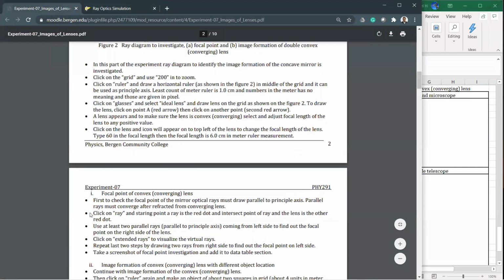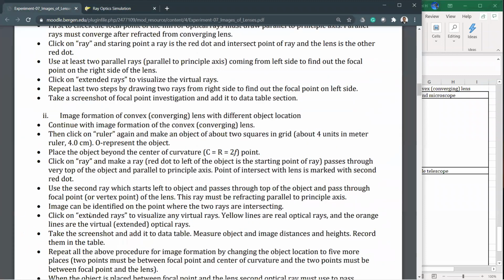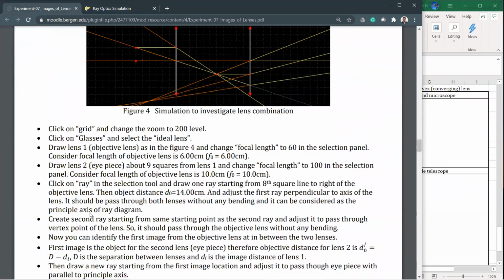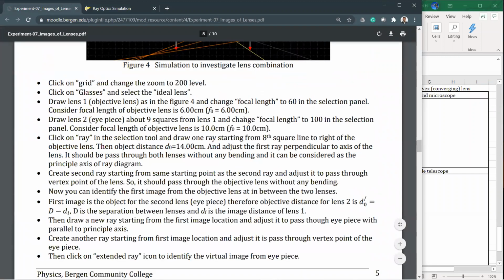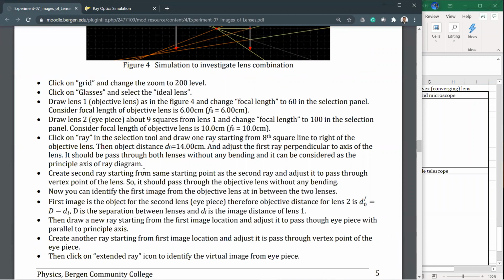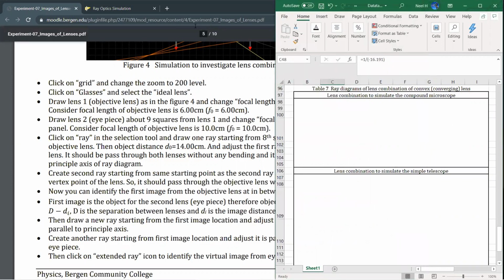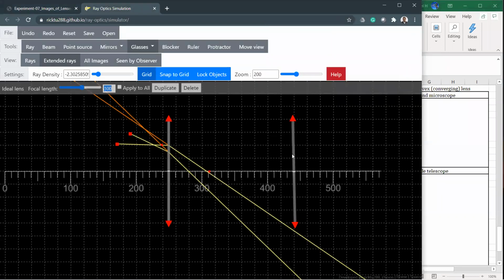Let's take a look. A little bit. Let's do 160. The other one is 100, and we'll keep about 80 squares separation between the two lenses. Okay.